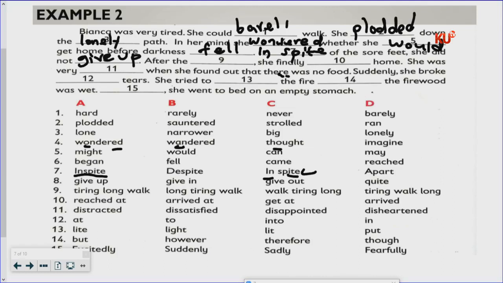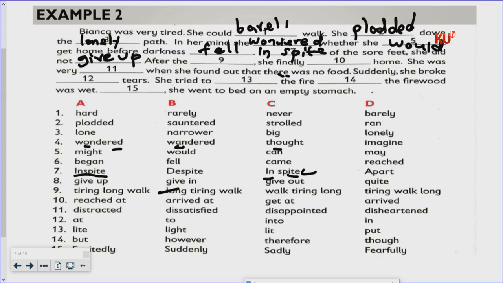Tiring long walk, long tiring walk, walk tiring, you don't start with the noun. Tiring walk long, no. The noun comes last. Walk is used there as a noun, and nouns are usually stated at the end in the order of adjectives. So we start with long, then tiring walk. Long, tiring walk.